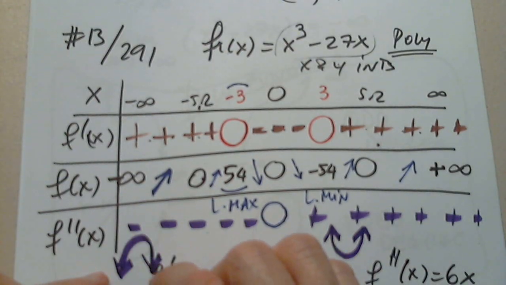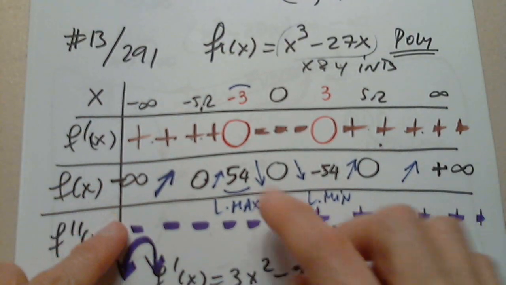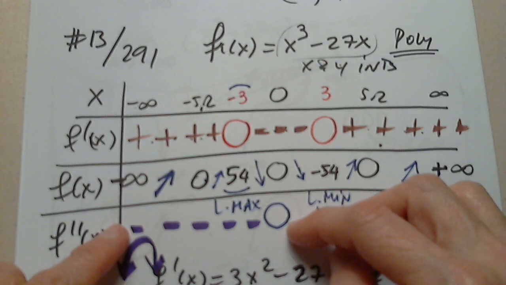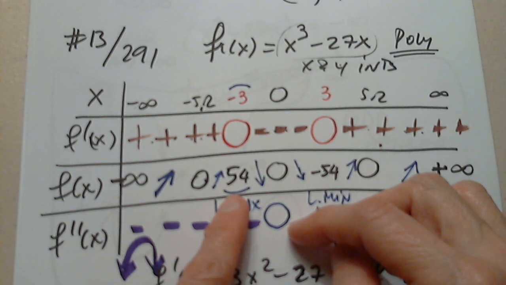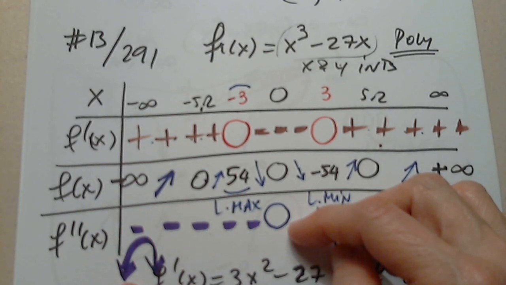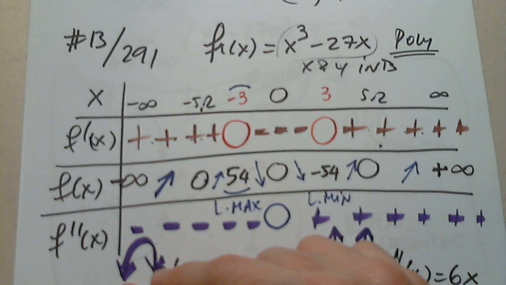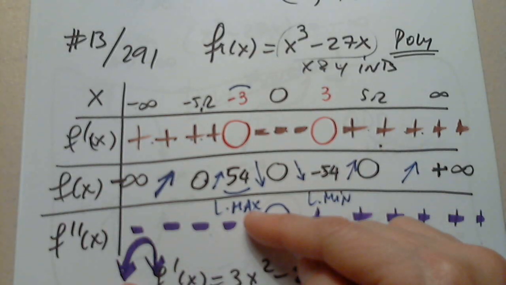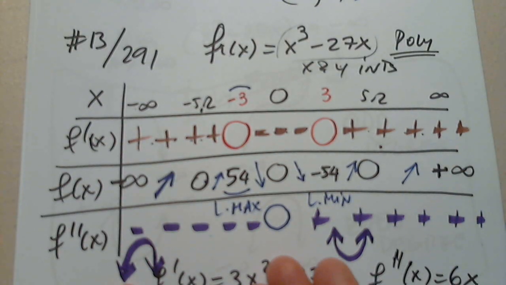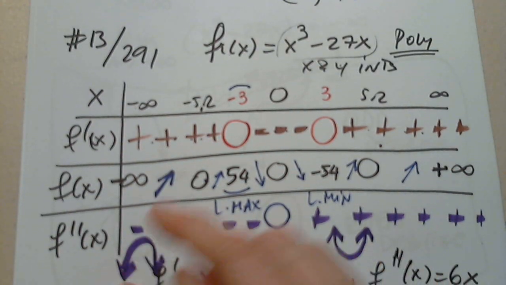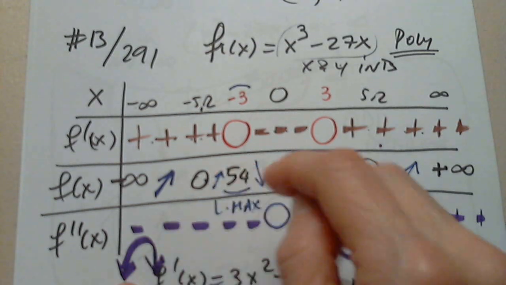The function looks like this, from negative infinity to 0. Is it okay for it to have a maximum? Should it have a minimum? You should have a max. Of course. Absolutely.